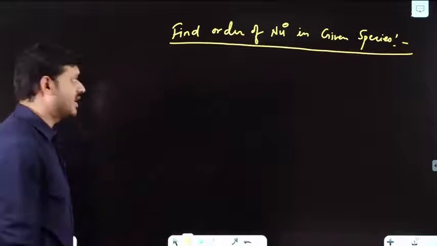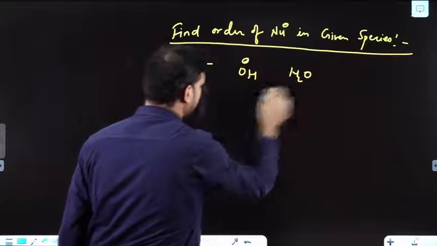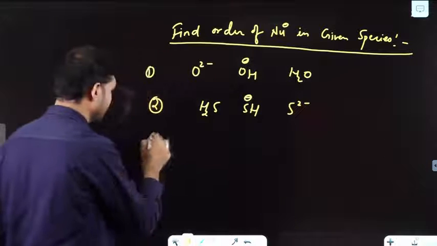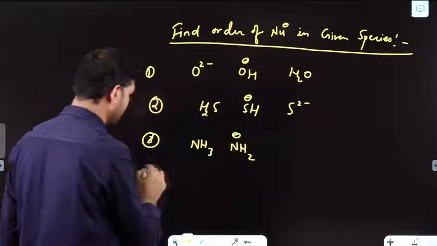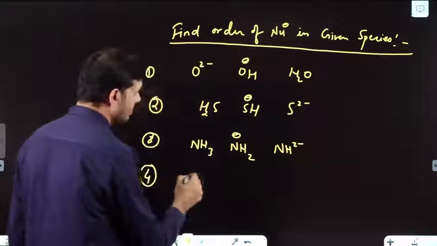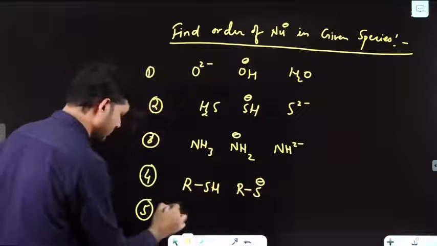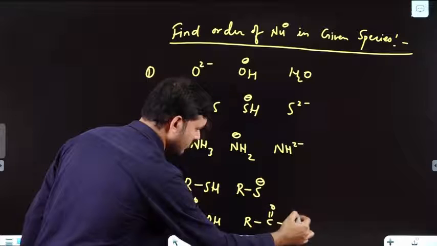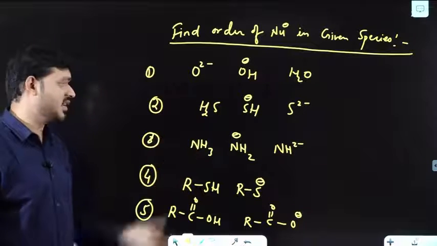Find the order of nucleophilicity in the given species. Okay, so dear students, in these cases you have to check the nucleophilicity order or basicity order because both will be the same.